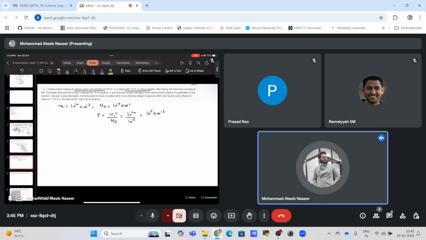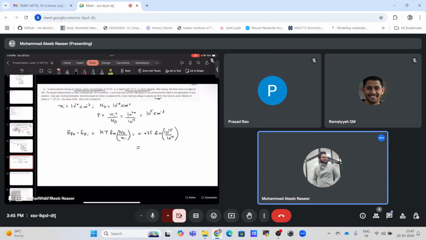Let me look into EF0 minus EFI. In this case it is simply KT ln of Nd by Ni. Since it has been given to us as 25 millivolts, it is 0.025 times ln of Nd, which is 10 to the power of 15, by Ni, which is 10 to the power of 10, so ln of 10 to the power of 5.